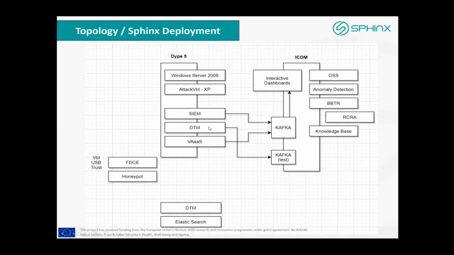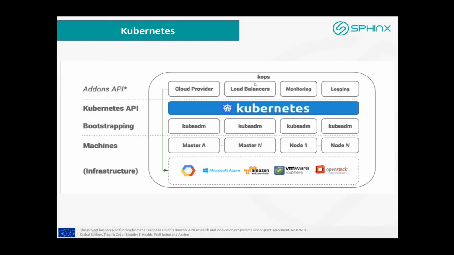Meaning that we want to have a lighter version on DP5 and have some of the workload on Intracom's side on the server. Both of them here, for example the DTM and the VAS, and some of the components here are deployed on a Kubernetes cluster.